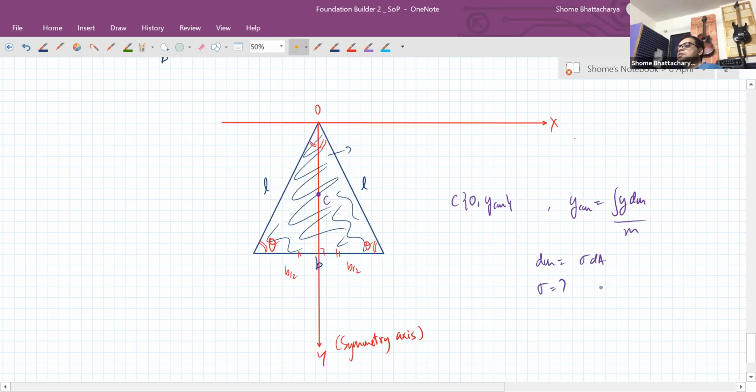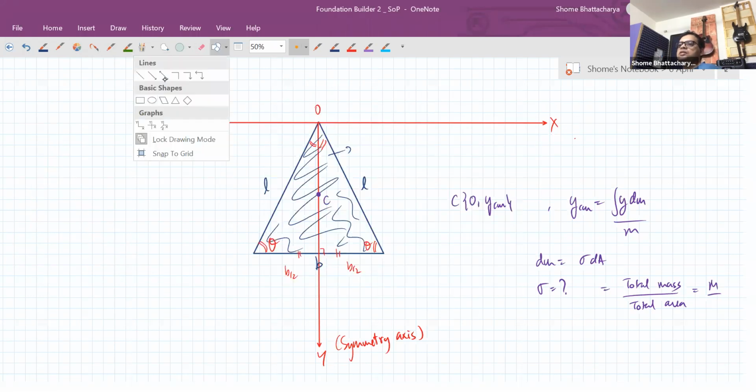Now what about sigma over here? This should be total mass divided by total area. So that is m upon area. Now let's come to how to calculate the area of this particular triangle that we have got.